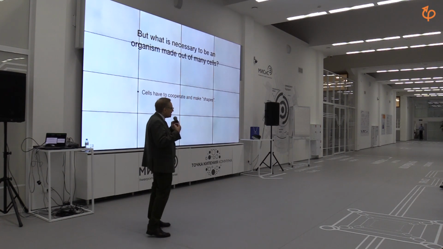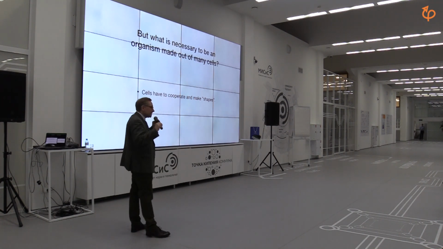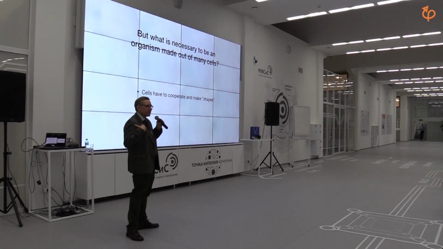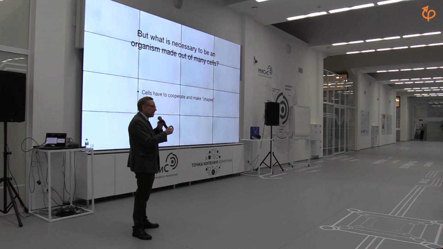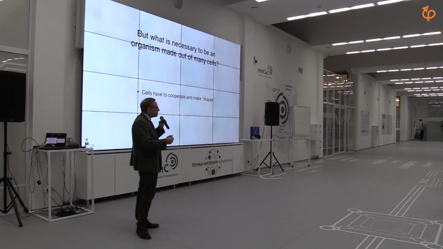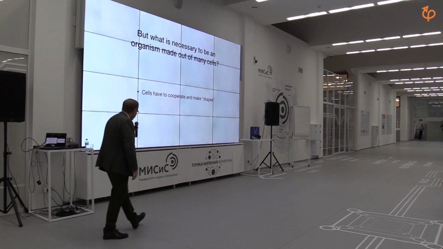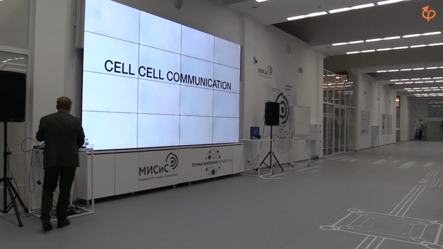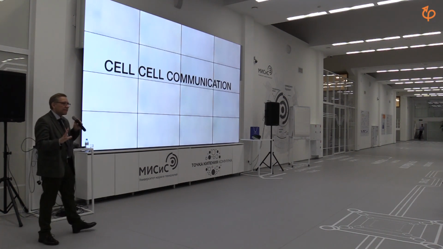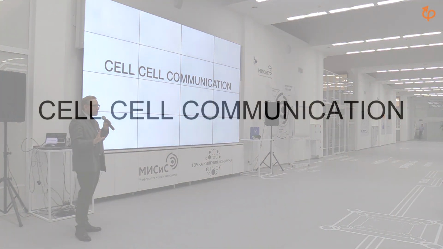And the essential part is that cells, to build us, for example, have to cooperate and also make shape. Although the single cell you have seen in the video before had already a specific shape, to build our body it takes much more communication, information, and shape building. So cell-cell communication is essential for making an animal.